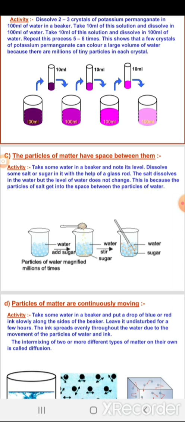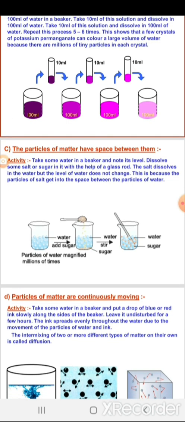Now take 10 ml of this solution, add it to another beaker and again dilute it in 100 ml of water. Repeat this process 5 to 6 times. This shows that a few crystals of your food color or potassium permanganate can color a large volume of water because there are millions and millions of tiny particles in each crystal.